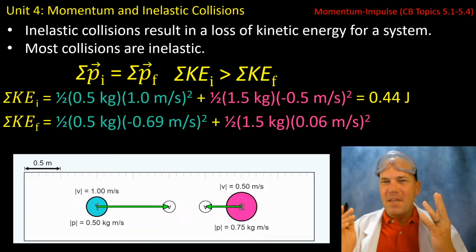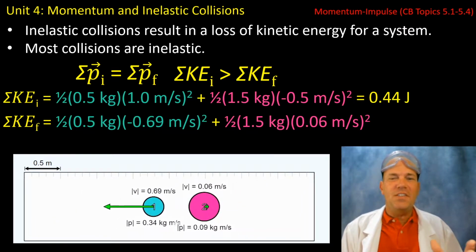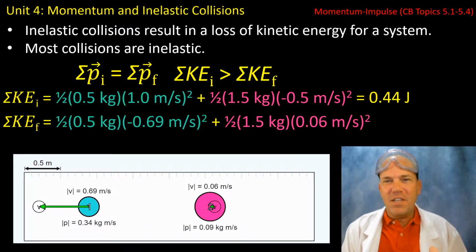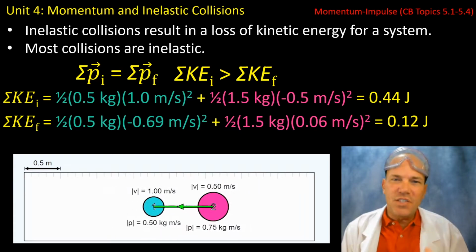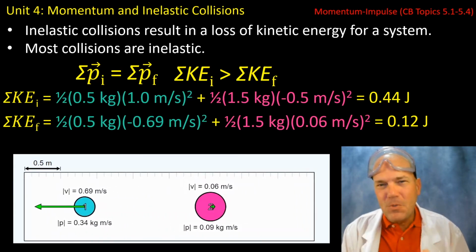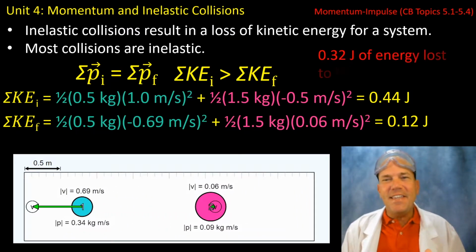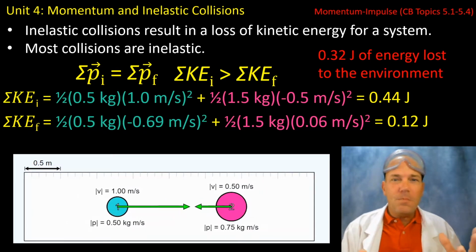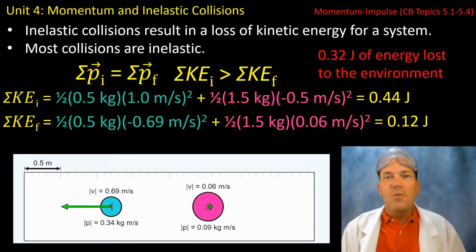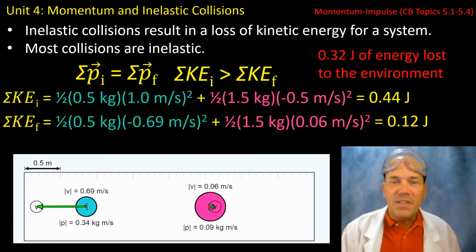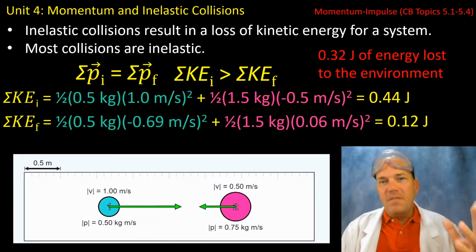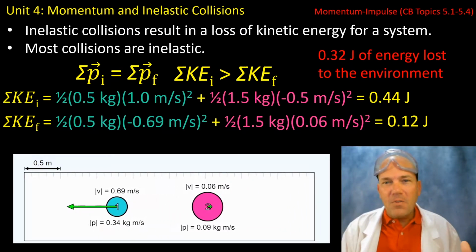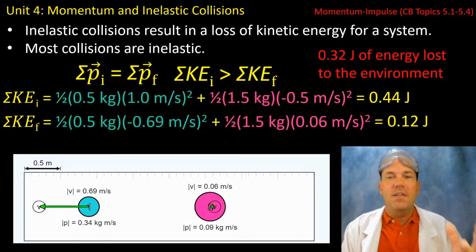Doing the same for the kinetic energies after the collision, we get that the kinetic energy is 0.12 joules. So indeed, a total of 0.32 joules was lost from the system to the environment in the form of heat, sound, and deformation of particles.